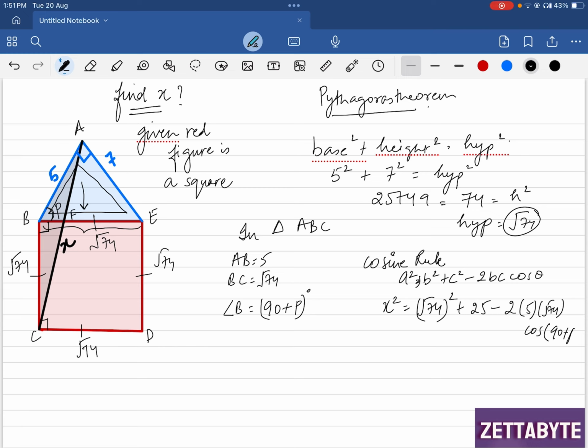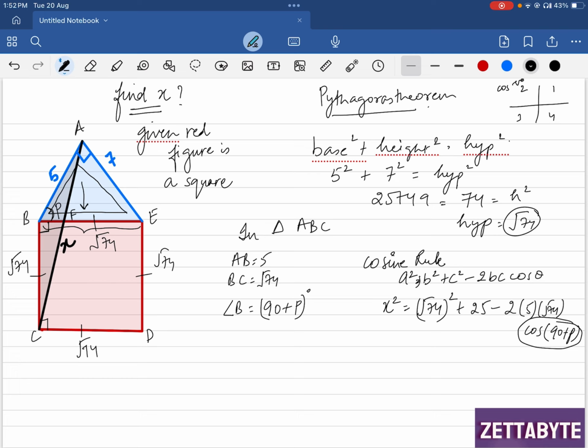Now 90 plus p makes me go to the second quadrant, because you should know that this is the first quadrant, second quadrant, third quadrant, and fourth quadrant. In the second quadrant, the cos is negative. So that means this cos 90 plus p would yield a negative, and also 90 plus p makes me believe that it's going to be sine.